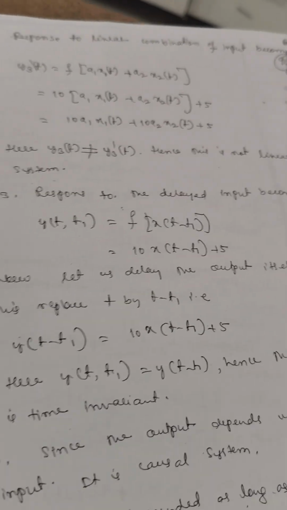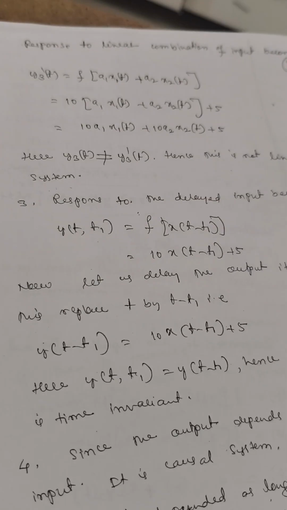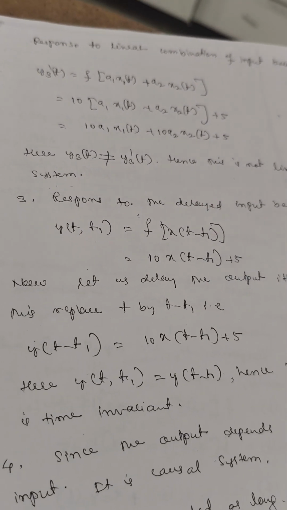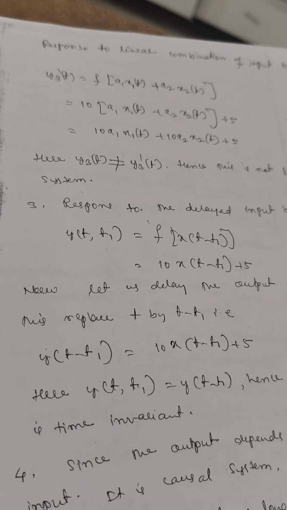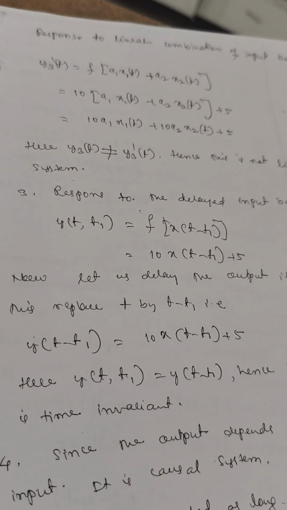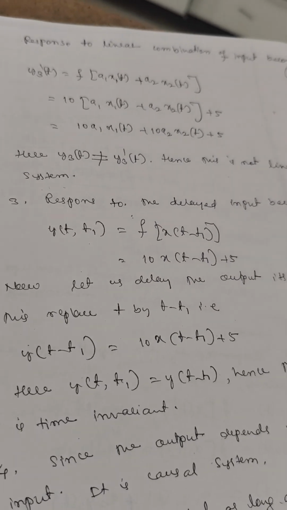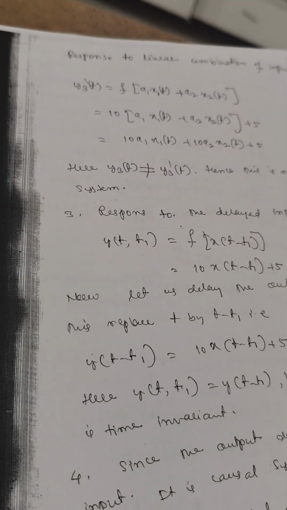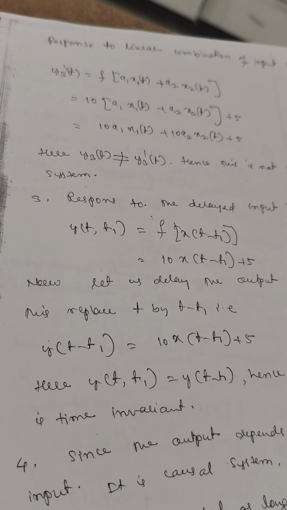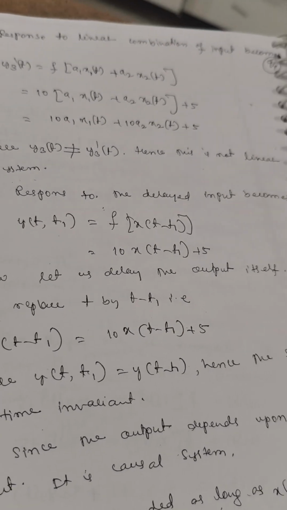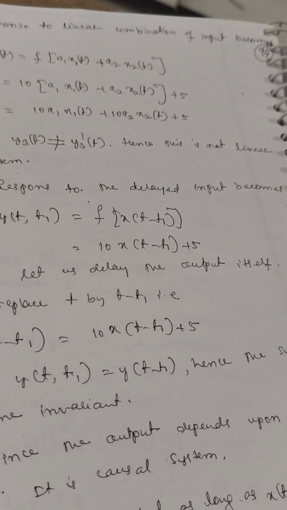Now what we'll do, let us delay the output itself. For this, replace t by t minus t1. Then y of t minus t1 equals 10x of... in place of t you write t minus t1.